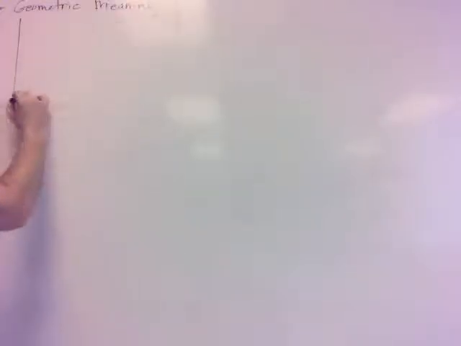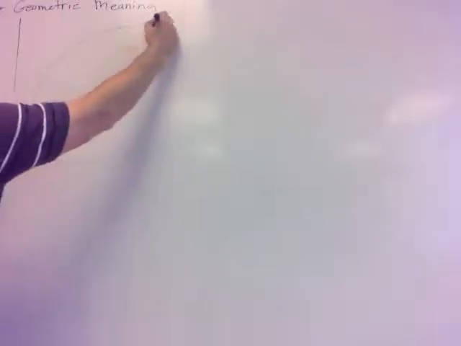Okay, so let's say I have some function of x. All right, and then I'm coming in here at some x value, and I'm going to draw my tangent line there.